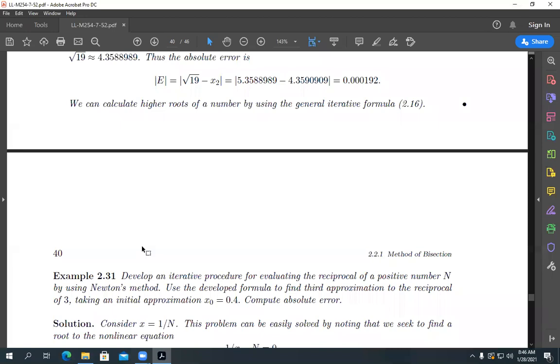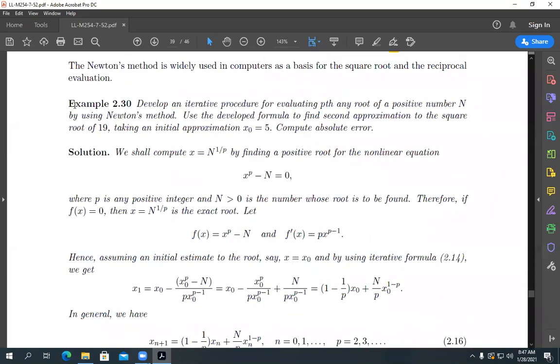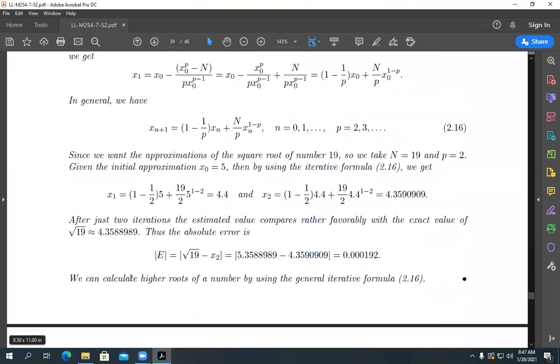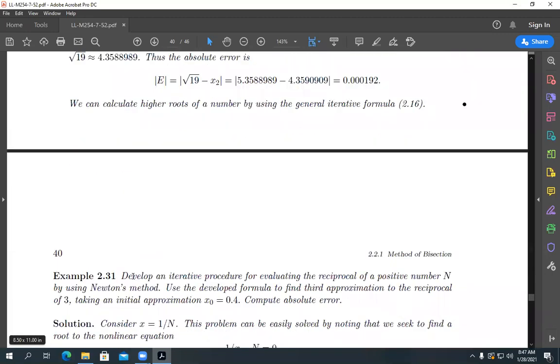I give you many examples, I explain everything, simple and difficult, so you should not have any problem in the exam. I will discuss examples 2.30 and 2.31 next time, the best examples for the case of the Newton methods also. Any question, please?